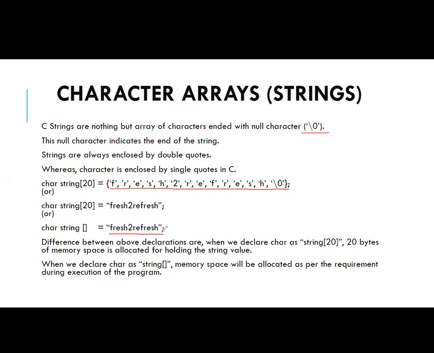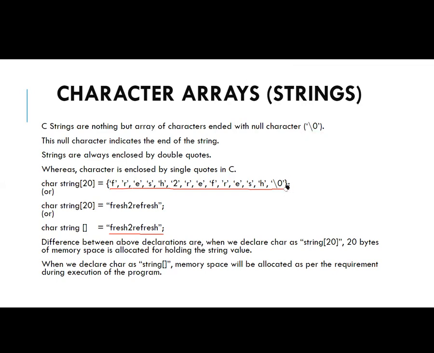Whatever data you have entered, the size can be adjusted automatically from the right hand side. So these are the different ways in which you can write a character array. Now the memory space in this case will be allocated as per what you have written on the right hand side. So this is optional. Fine. So this is your character array.